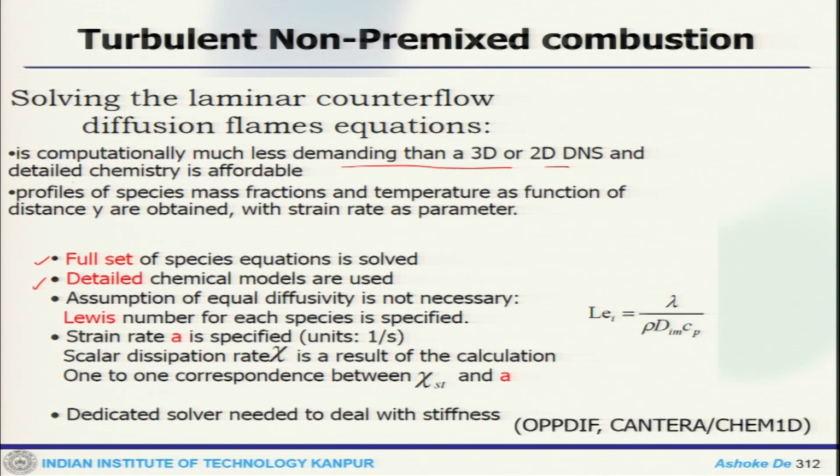Lewis number 1 or equal diffusivity is not necessary, strain rate is specified, and scalar dissipation rate is calculated as part of the calculation results. So a dedicated solver does this kind of calculation, like OPPDIF, Cantera, Chem1D or FlameMaster, something like that.